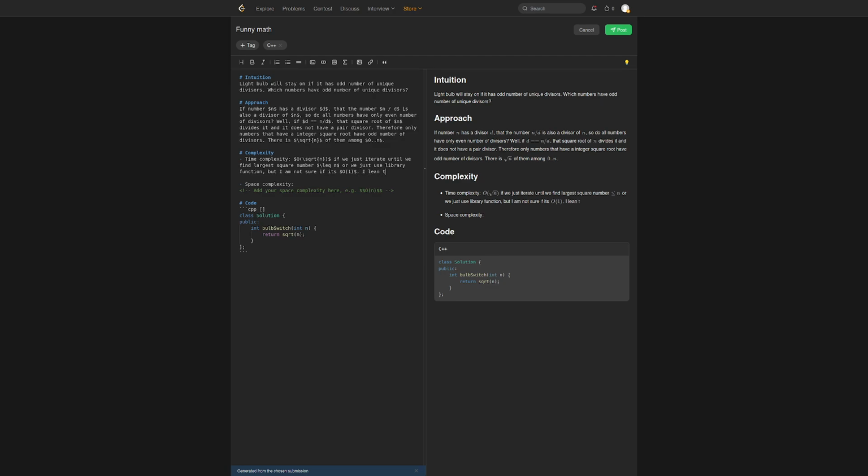I lean towards no. O(1) since we use only a handful of extra variables, or the library uses only a handful of extra variables.